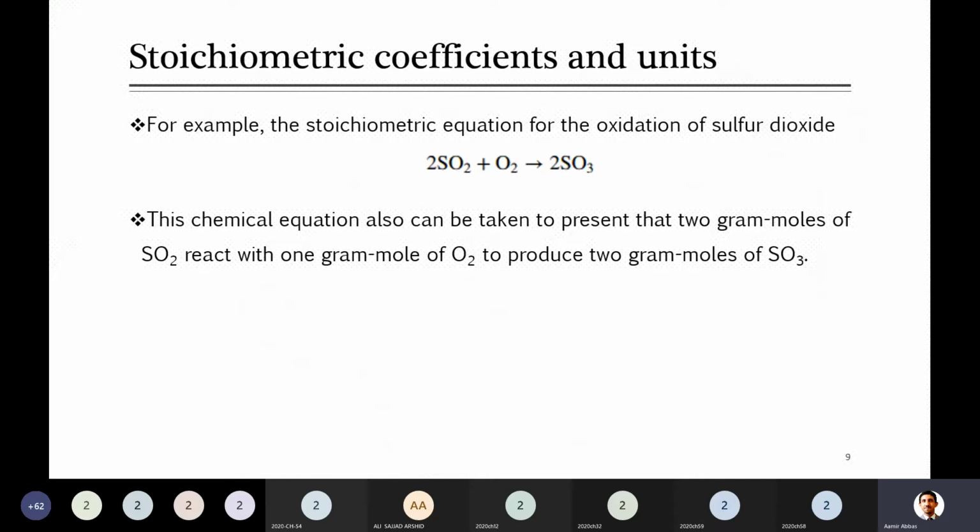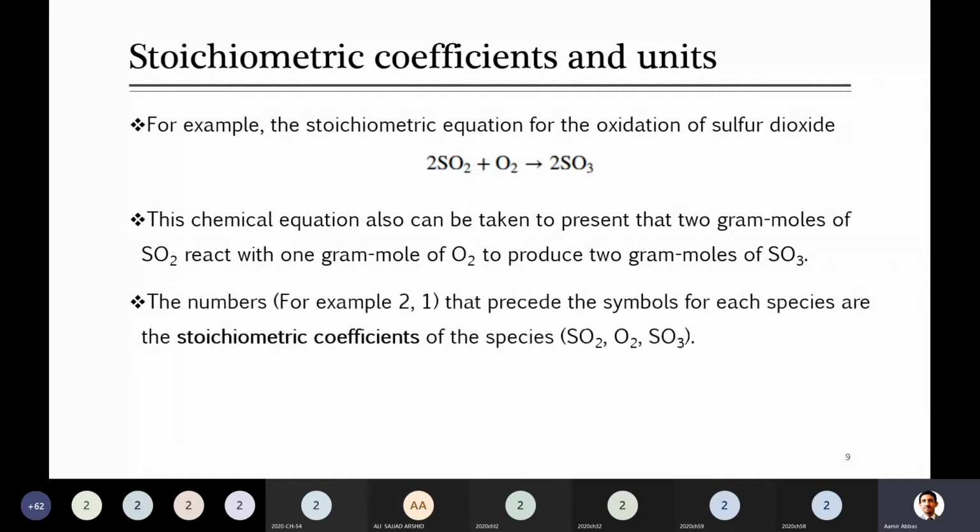So you have to write a balanced equation, and when the equation is balanced, you can tell how many reactants react with each other and how much product they produce. These numbers, like 2 SO2, are moles: 2 moles of SO2 react with 1 mole of oxygen.